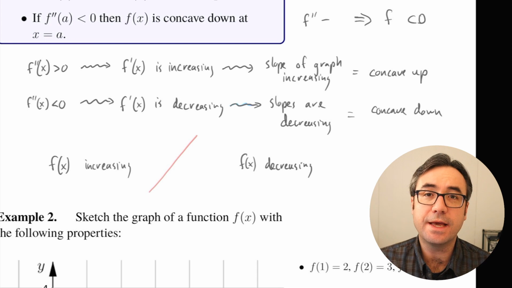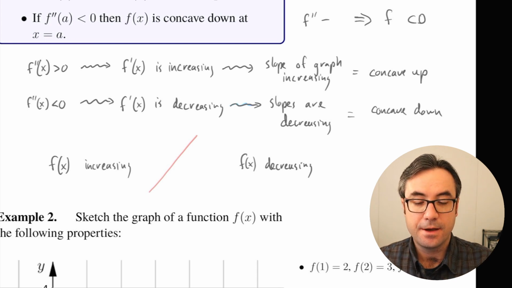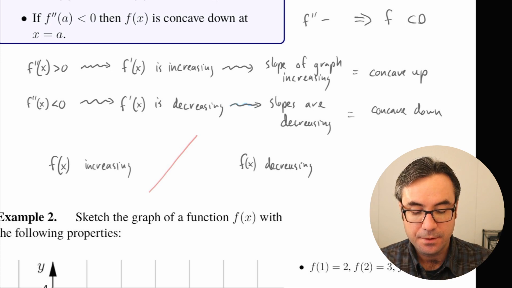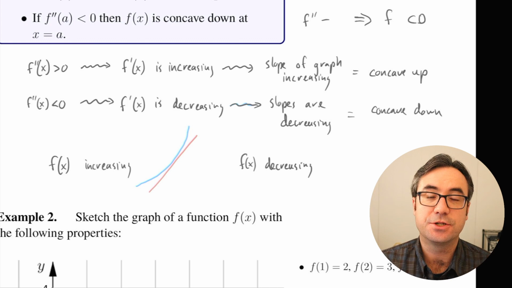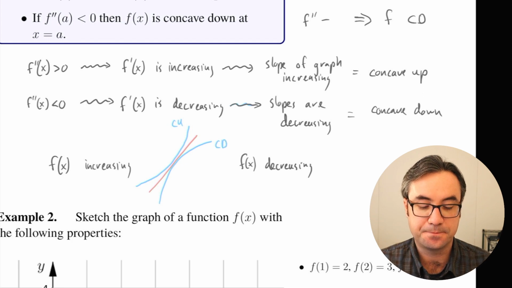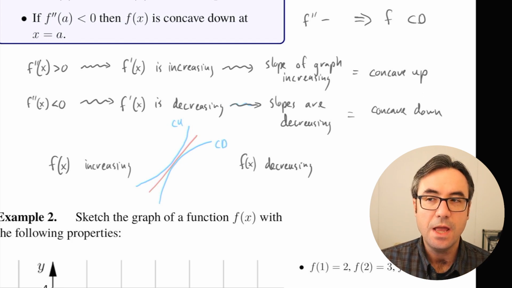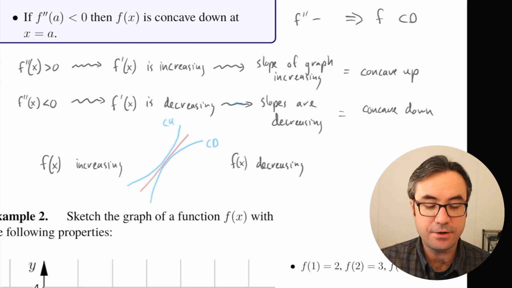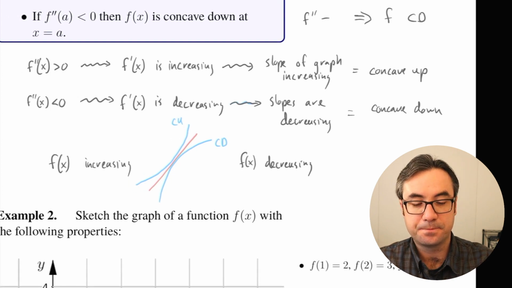And so then relating this to concave up and concave down, concave up would bend above the tangent line, and concave down would bend below the tangent line. And then something similar for a decreasing function.